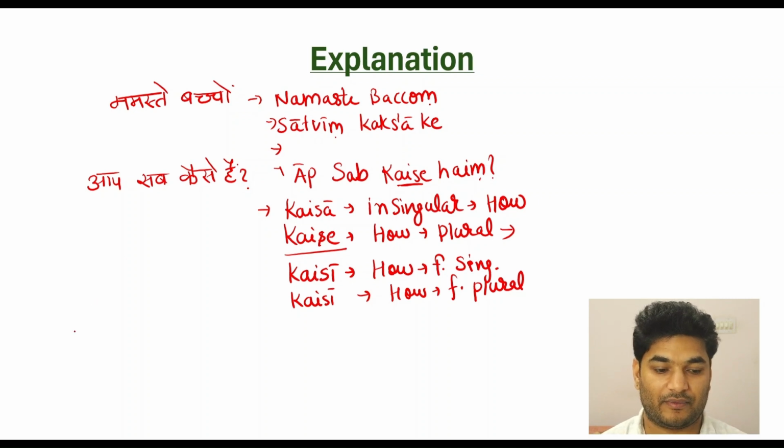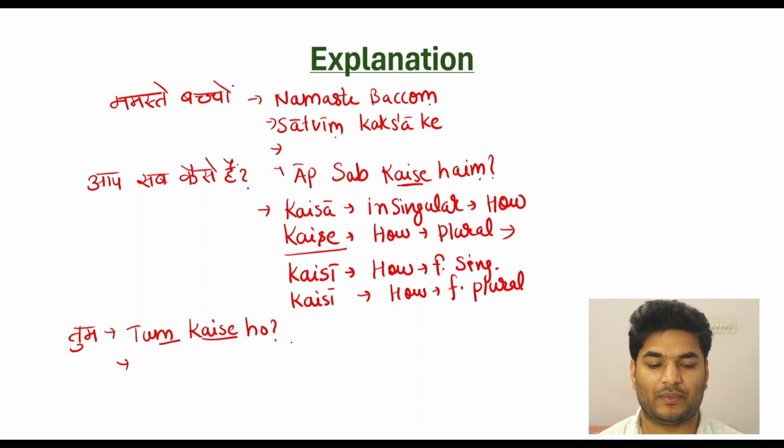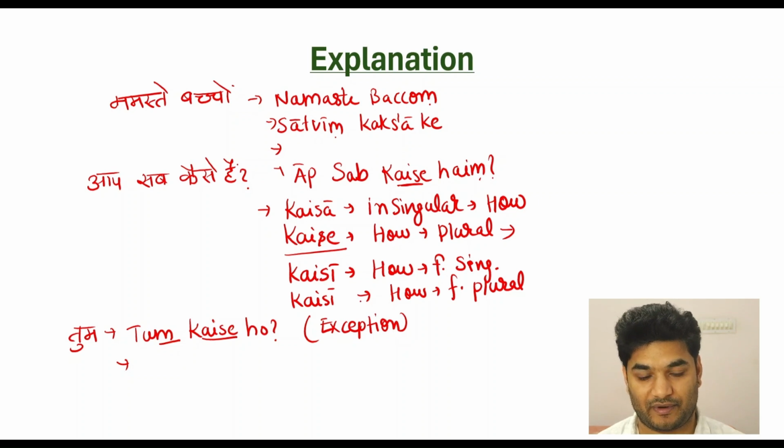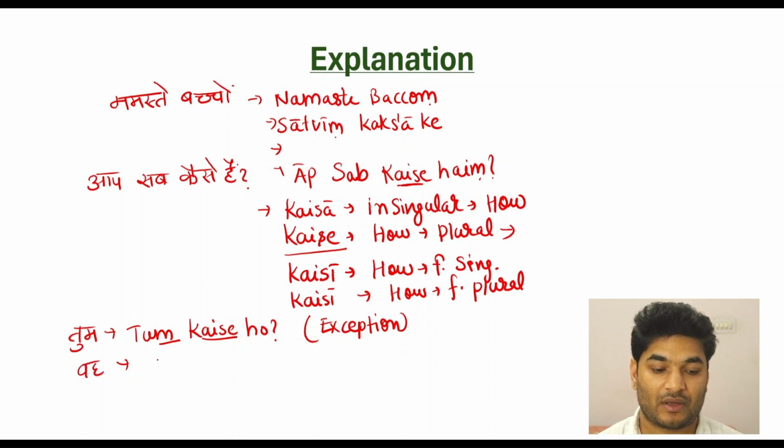Right? Now we can ask तुम कैसे हो. Now you would ask why we used कैसे with तुम, because तुम is singular. Yes, and that's why this is an exception. With तुम we use कैसे, though it is singular. We can ask वो कैसा है.